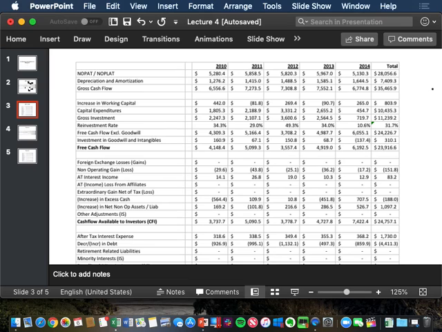So a negative number isn't necessarily a bad number. It's just a formatting in Bloomberg. How many years is depreciation over CapEx? Okay, what about last year?